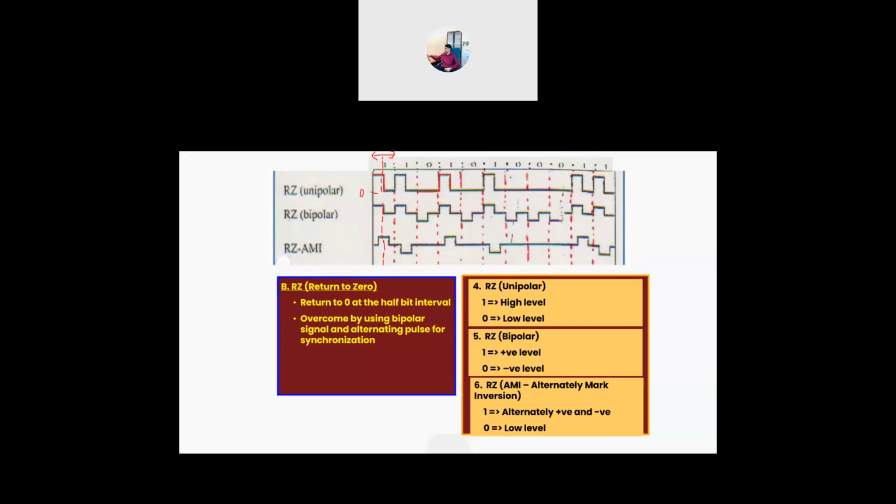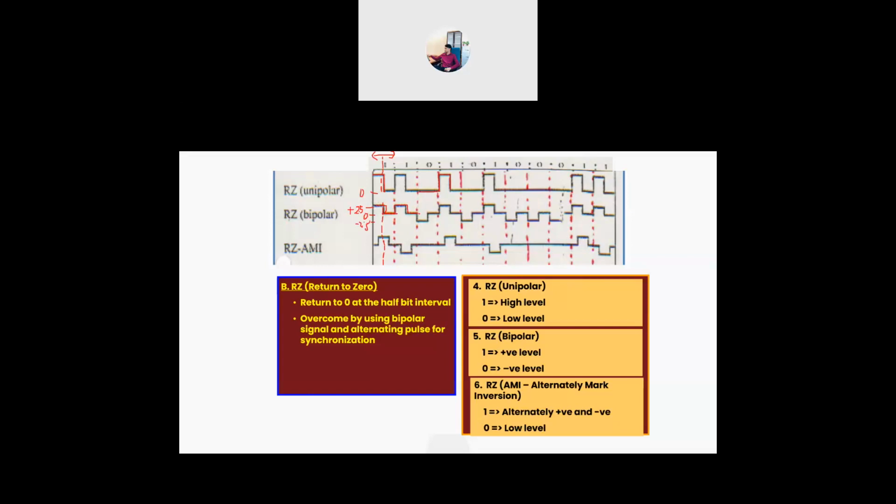And then the next one is RZ bipolar. You have both positive and negative. For example, this is your 0, this will be negative 2.5, and this will be positive 2.5. For bit 1, it goes up, then returns to 0. Then the same again, 1 and return to 0.